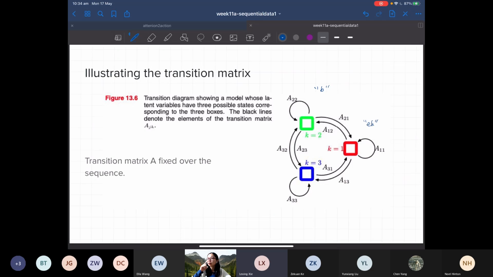The actual phoneme space is of course much larger than this. Because we assume that the transition matrix is fixed over the sequence, if we connect all pairs of these states, we can write the values of the transition matrix on all of these pairwise arrows, including self-loops.